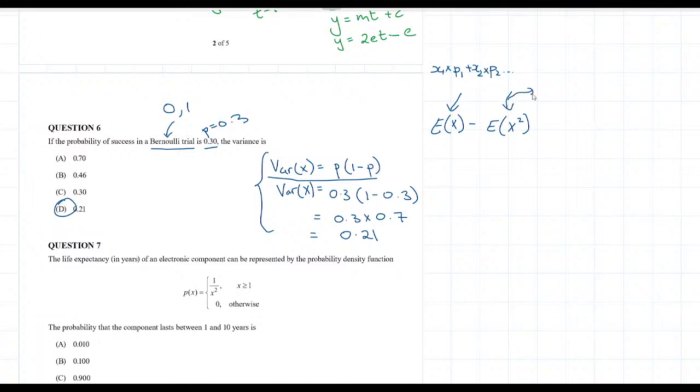Whereas E of x squared would be given by x1 squared times p1 plus x2 squared times p2, and so on. And when you minus this from that, you would get your variance. But for Bernoulli, it simplifies down to just this, which is a lot easier to do.